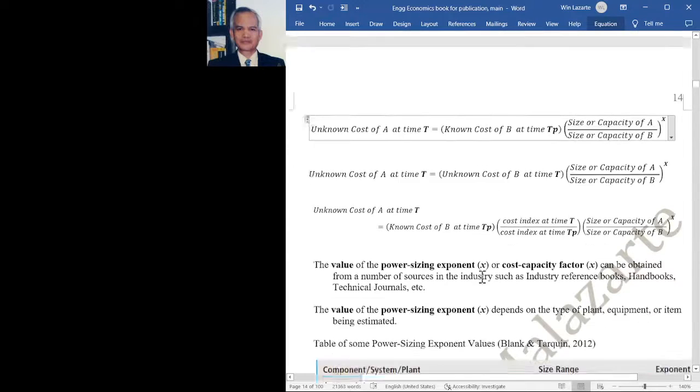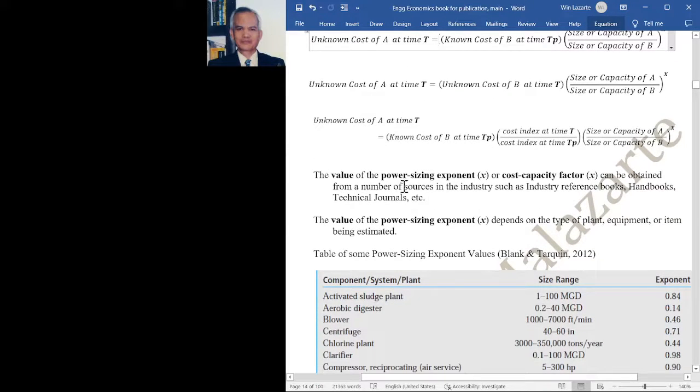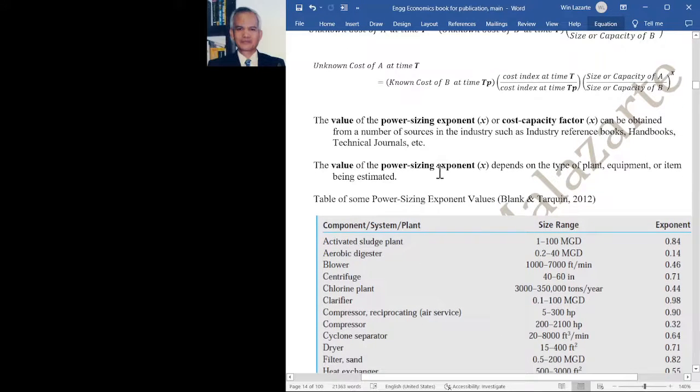Okay, the value of the power sizing exponent or cost capacity factor can be obtained from a number of sources in the industry, such as industry reference books, handbooks, technical journals, etc. The value of the power sizing exponent depends on the type of plant, equipment, or item being estimated.